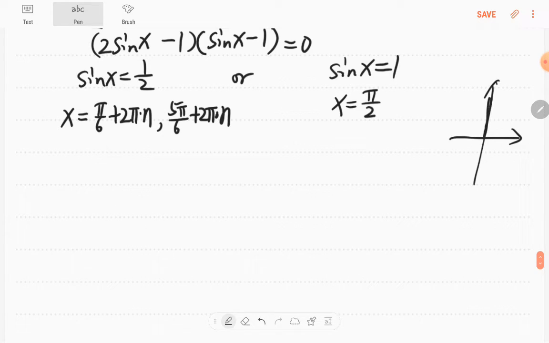So this tells you that you only have one formula for this branch. So this is pi over 2 plus 2 pi times n. Okay, so those are all the solutions. Then if you want to find specific solutions, you just choose different choices of n.